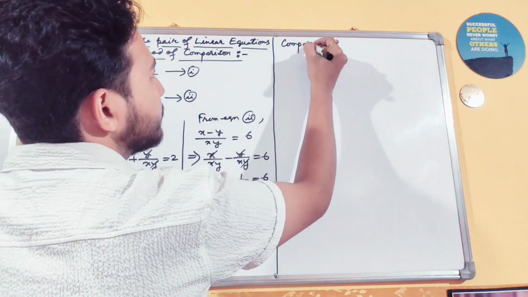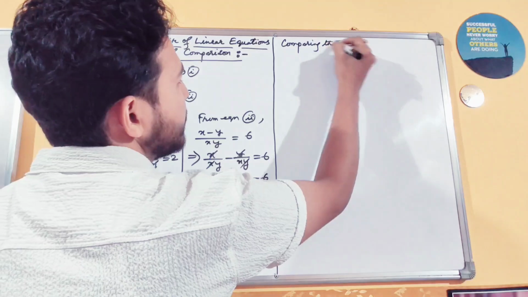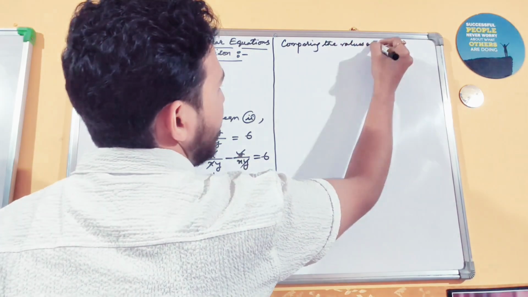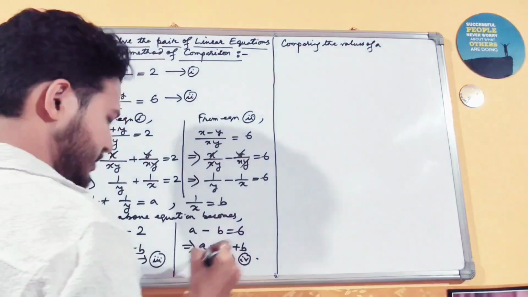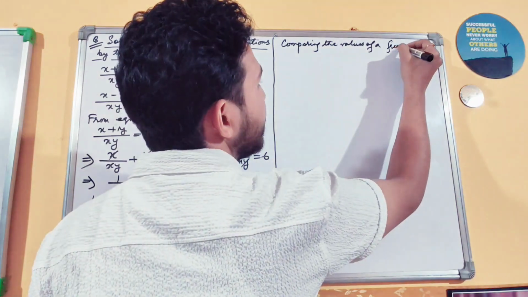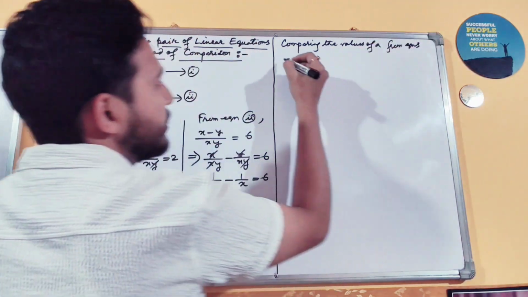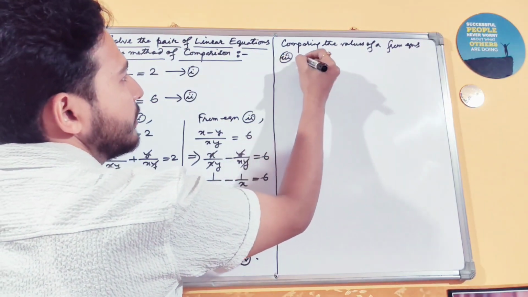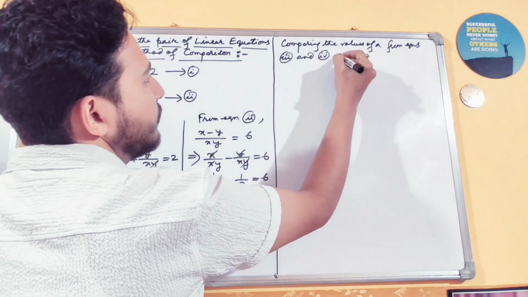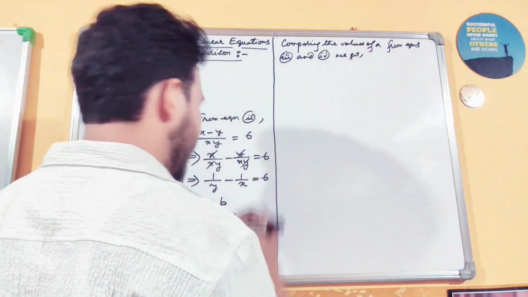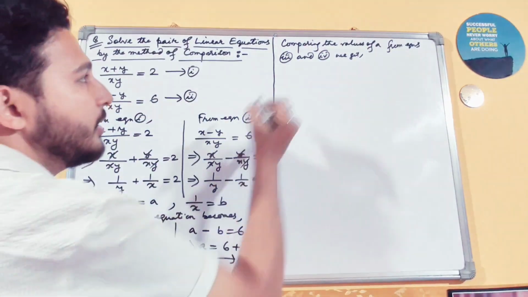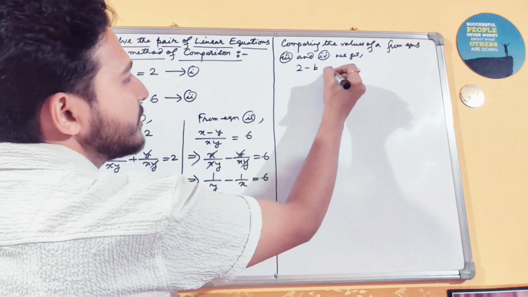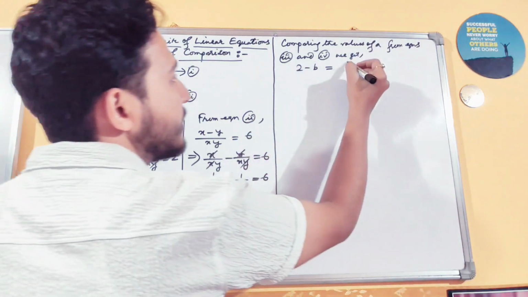Comparing the values of a from equations 3 and 4, we get 2 minus b is equal to 6 plus b.